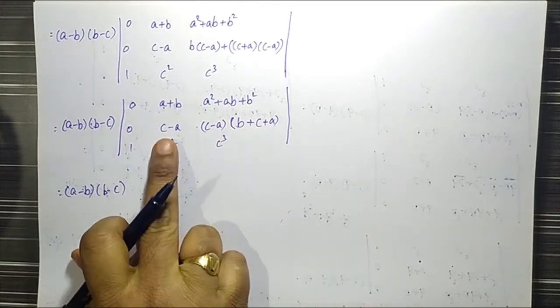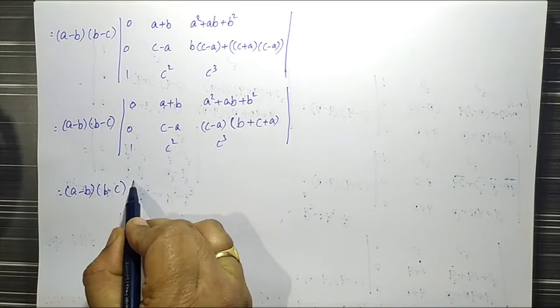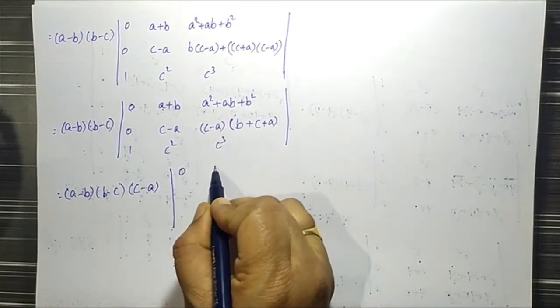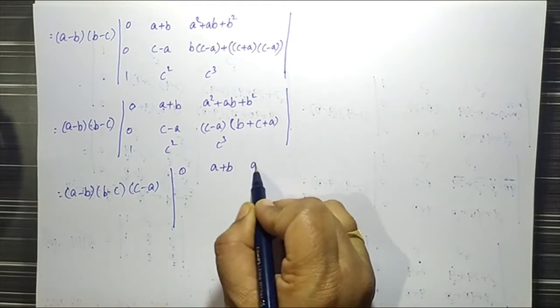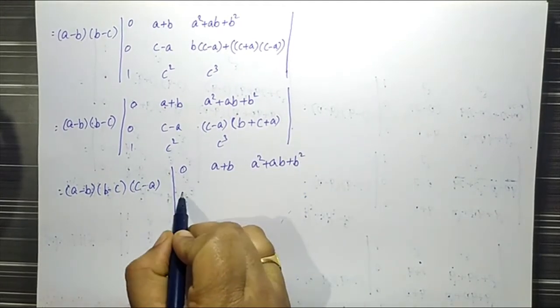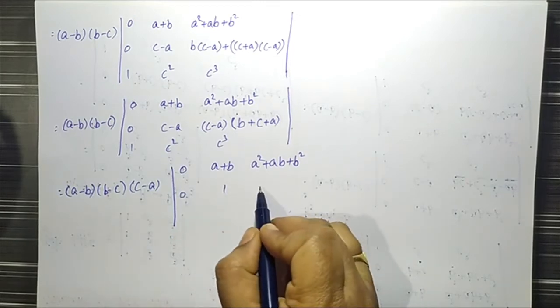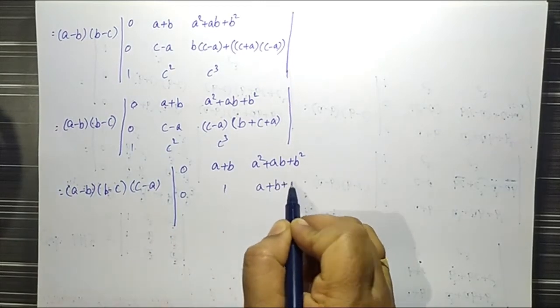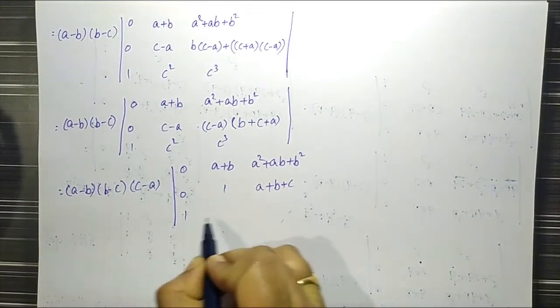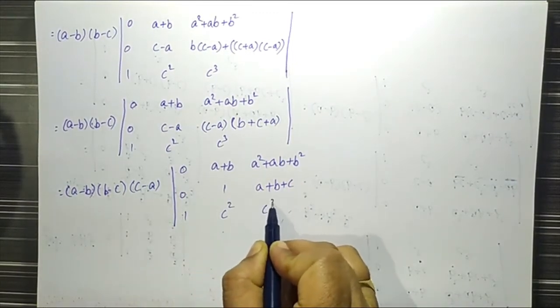From the second row, c minus a is common, taking common c minus a. Determinant 0, a plus b, a square plus ab plus b square, 0, 1, a plus b plus c. b plus c plus c is nothing but a plus b plus c, and c, 1, c square, c cube.